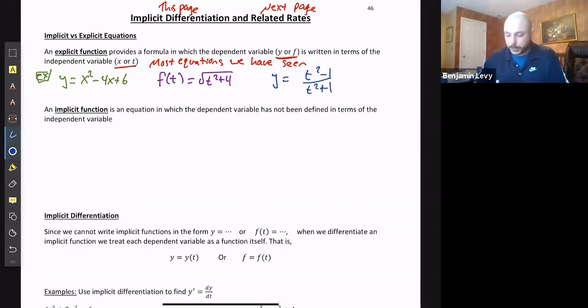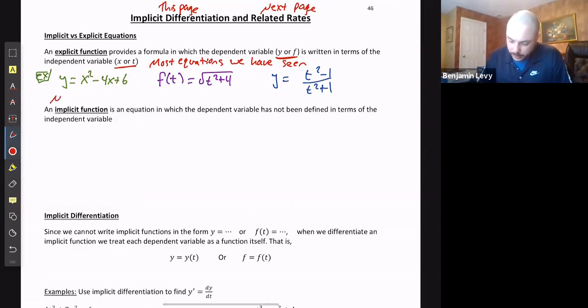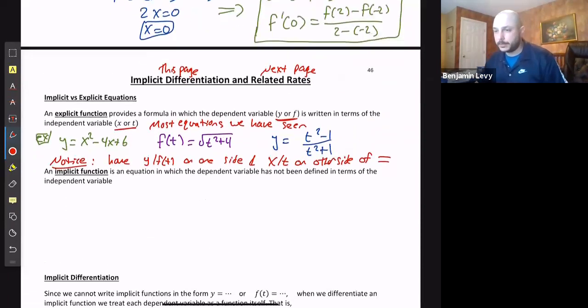What I'm really trying to point out in all these examples is we have the y or the f on one side and the x or the t on the other side of the equal sign. That's what I mean when I say sides.